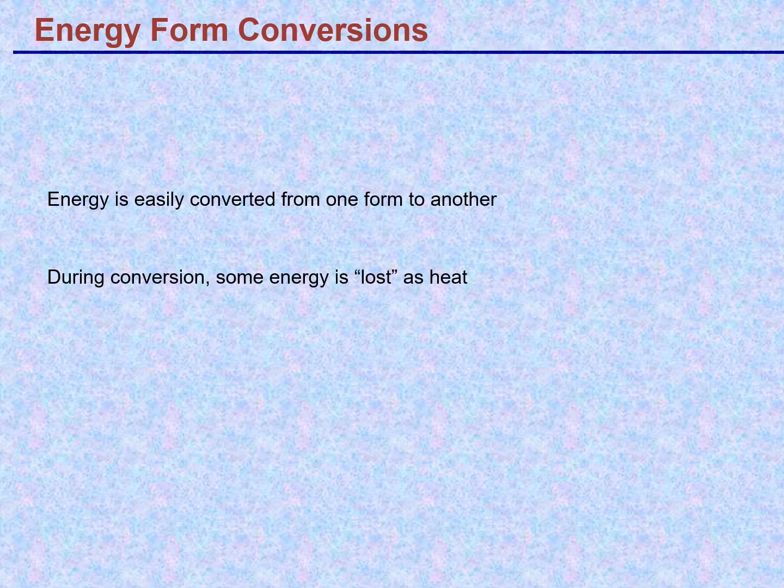Now energy can be converted from one form to another fairly easily, although it is important to realize that during these conversions, none of them are 100% efficient. In other words, the full amount of energy in the first form, when it's being converted to another form, is not present in the end form of energy produced.